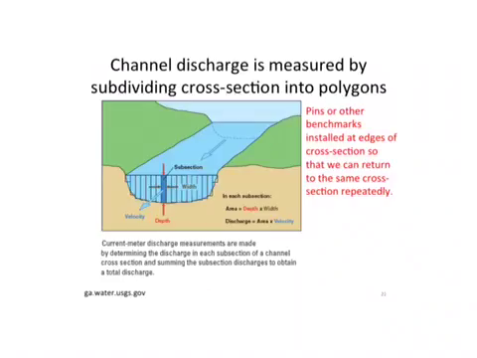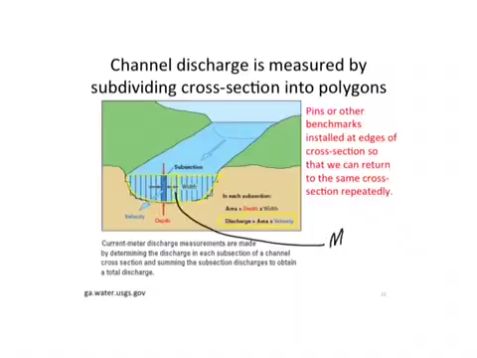One of the more common ways to measure discharge is actually to divide up the cross-sectional area of the stream that you see here into a number of polygons, either rectangles or trapezoids. We'll use the trapezoidal method in this class. But then to actually measure a velocity that's representative of each one of these individual polygons, multiply that by the cross-sectional area to get discharge, keeping in mind that discharge equals area times velocity. So in other words, within this individual polygon, we would be measuring what's called an incremental area.